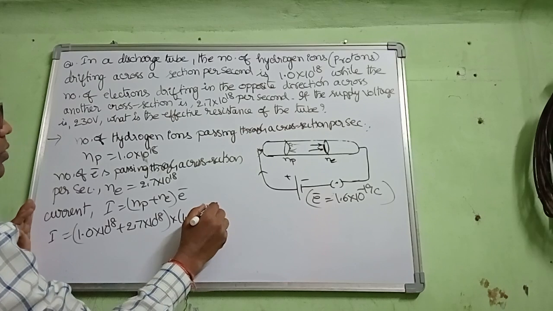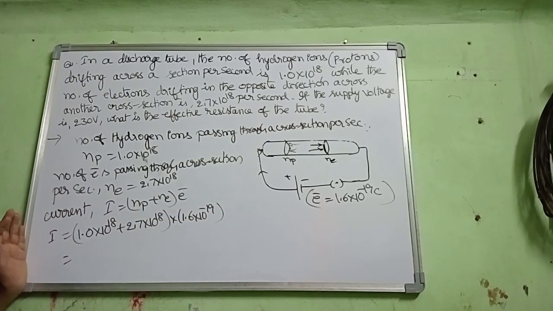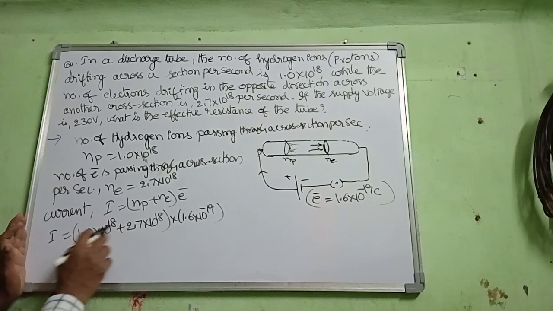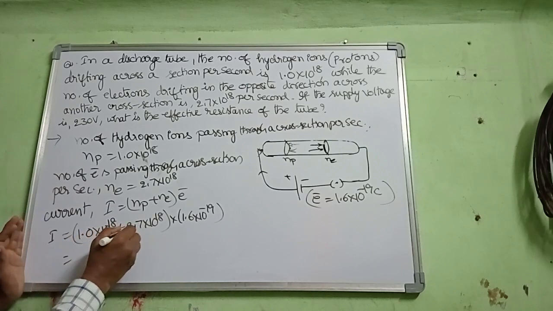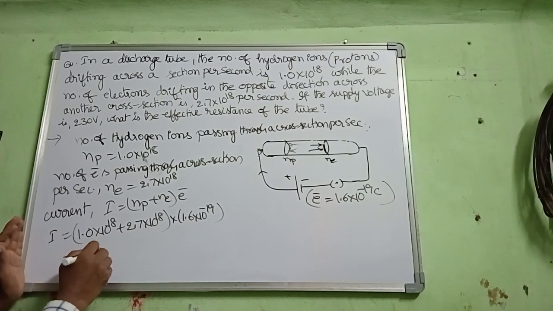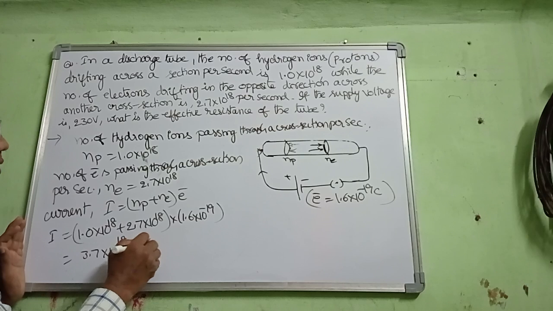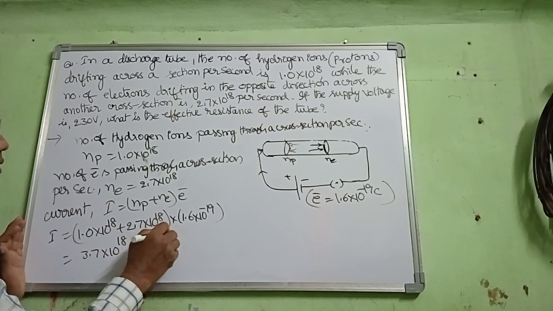On simplification, 1 plus 2.7 is 3.7, so 3.7 into 10 power 18 into 1.6 into 10 power minus 19.